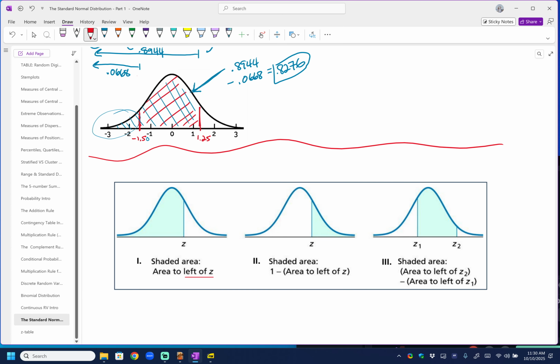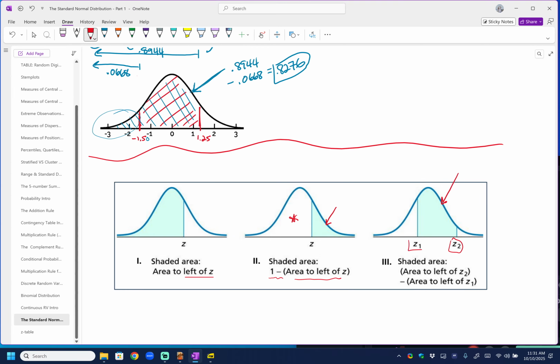If you're trying to find the shaded area to the right of z, then you're going to have to take 1 minus the area to the left over here, because there's 1 in the curve, as was explained. And lastly, if you're trying to find the area between two z values, you take the area to the left of the larger minus the area to the left of the smaller.